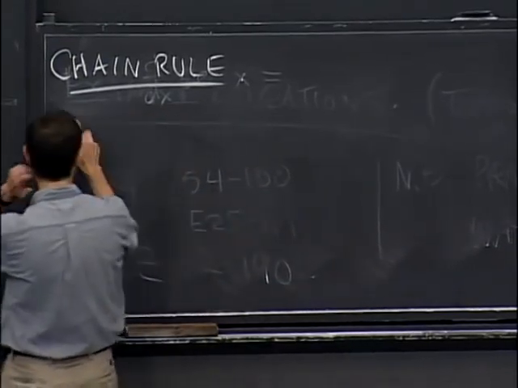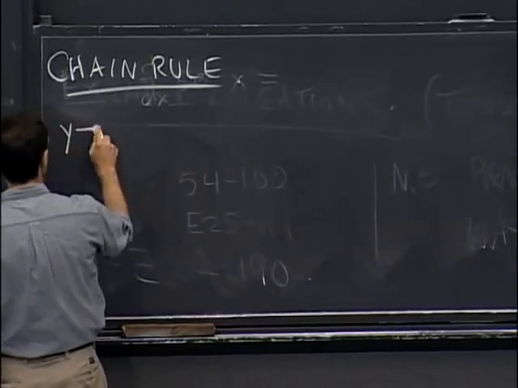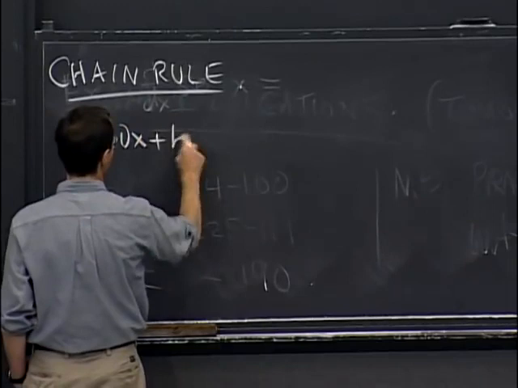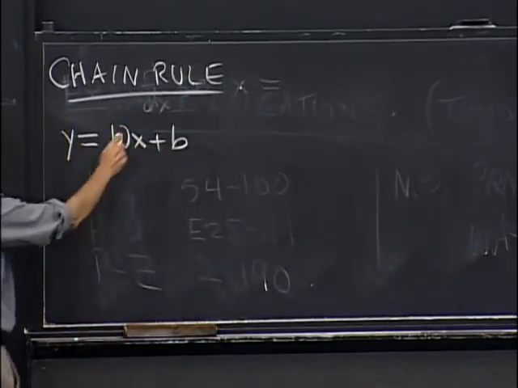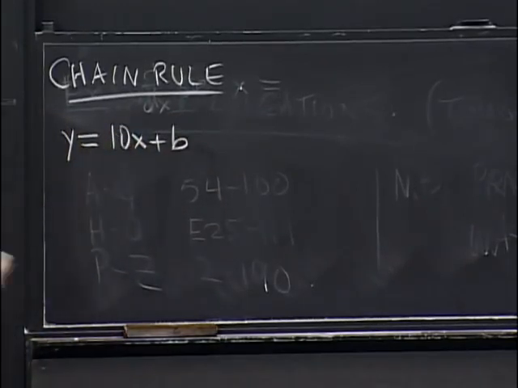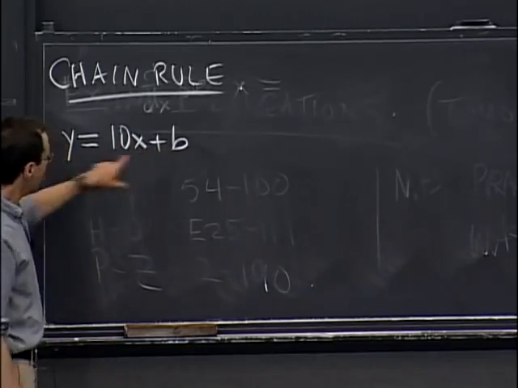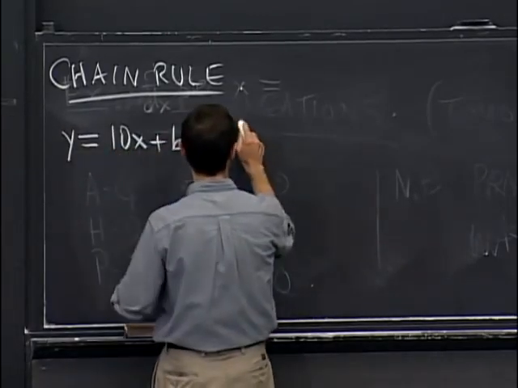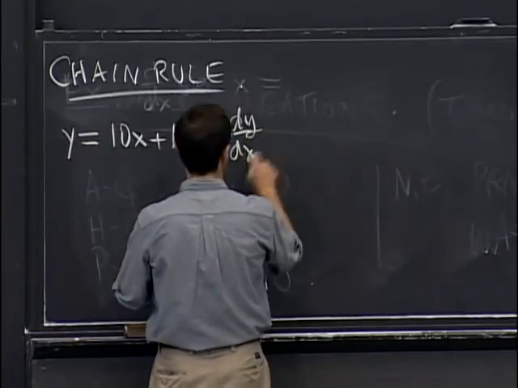So imagine that you have a function which is, say, 10x plus b. All right? So y is 10x plus b. Then obviously, y is changing 10 times as fast as x. The issue is this number here, dy/dx, is 10.